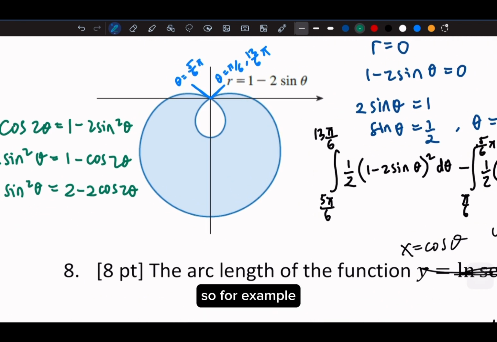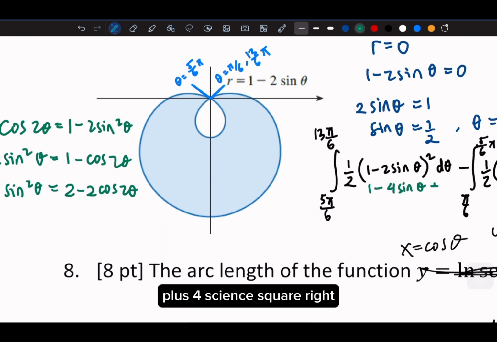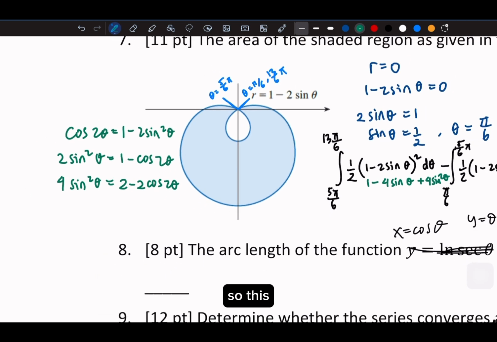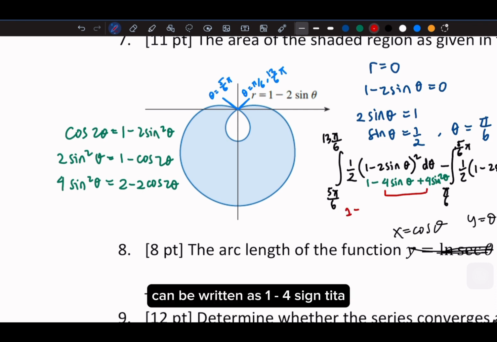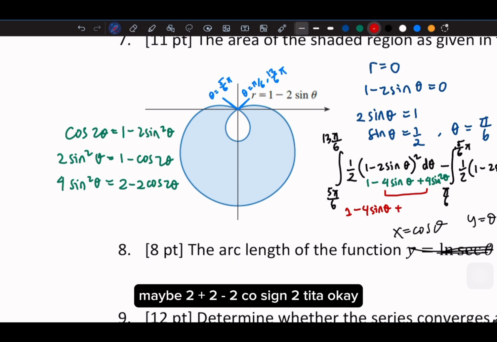So for example, this is 1 minus 4 sine theta plus 4 sine squared, right? So this can be written as 1 minus 4 sine theta, and then change to that plus 2, plus 2 minus 2 cosine 2 theta.